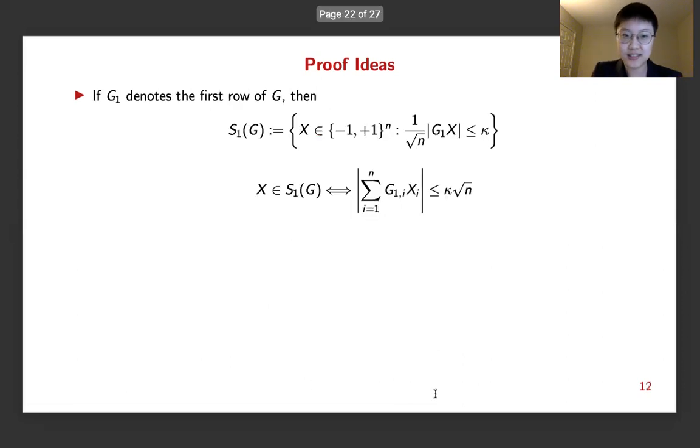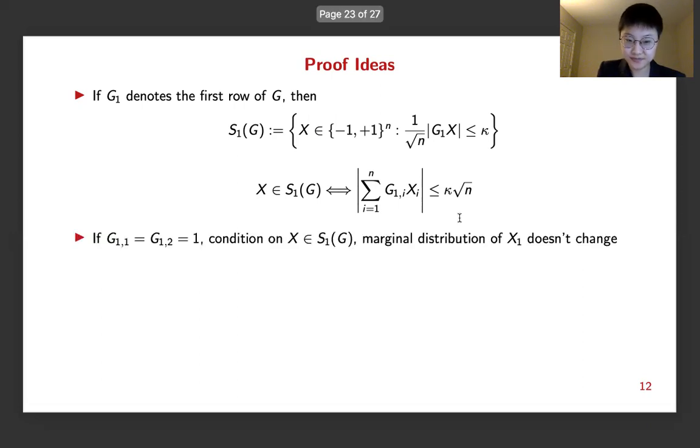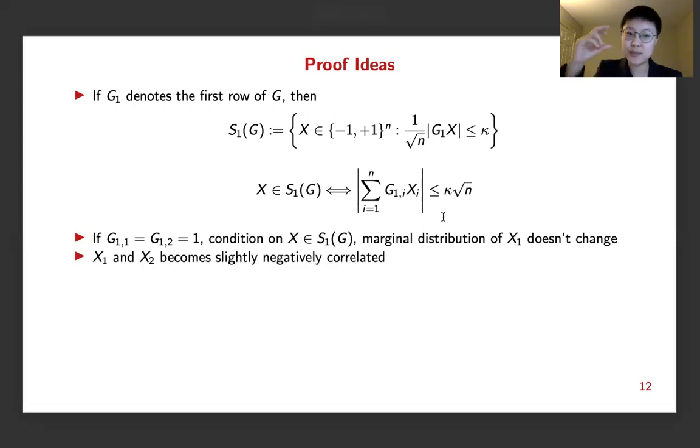Okay, so let me go through very briefly how we came up with this form of the cycle count. If, instead of looking at M constraints, we just look at the first constraint, then it is the same as saying that the absolute value of the sum is less than a number. Conditioning on this doesn't change the marginal distribution of entries of U, but it makes entries of the U vectors slightly correlated with each other.